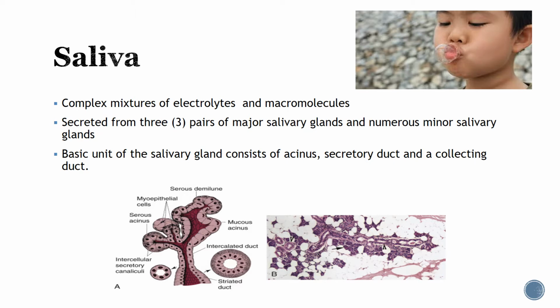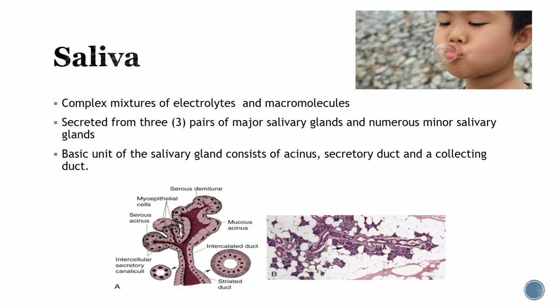Saliva is a complex mixture of electrolytes and macromolecules secreted from three pairs of the major salivary glands and numerous minor salivary glands. The secretion of saliva is tightly modulated by a multitude of factors that include the autonomic nervous system, humoral factors, and disease states.